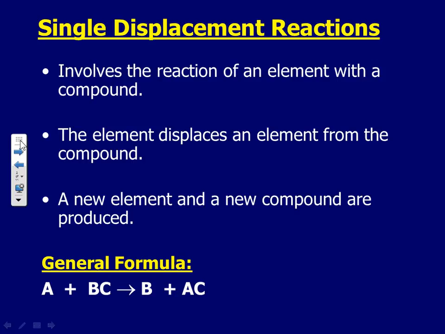So remember, an element is an atom by itself, represented by my A right there. A compound is two atoms together. So you can see there, I've got an element and a compound. In the end, the element displaces an element from the compound.